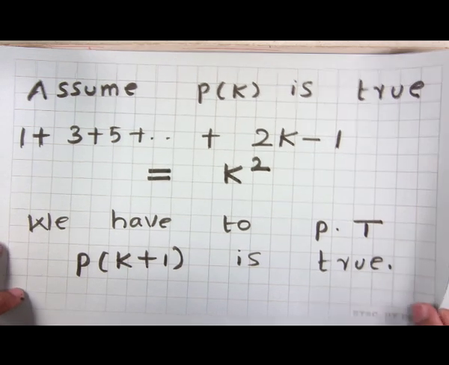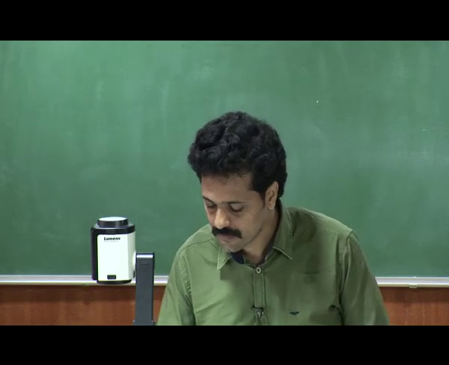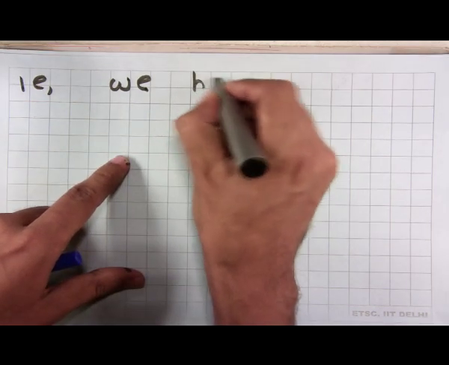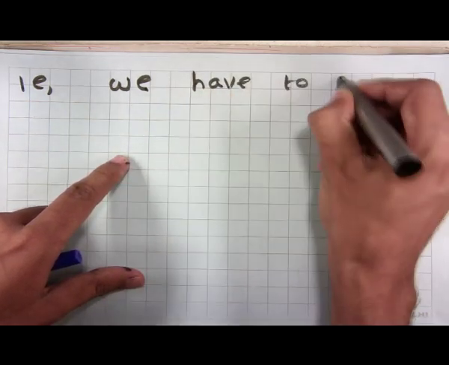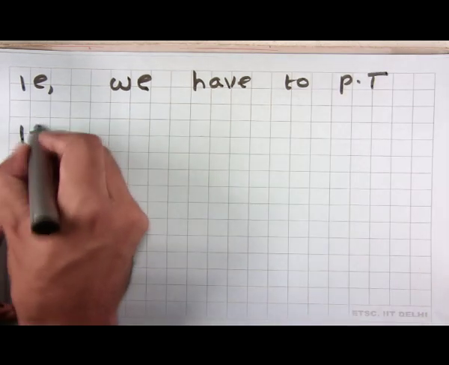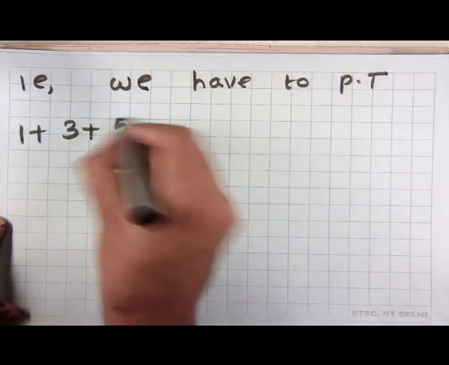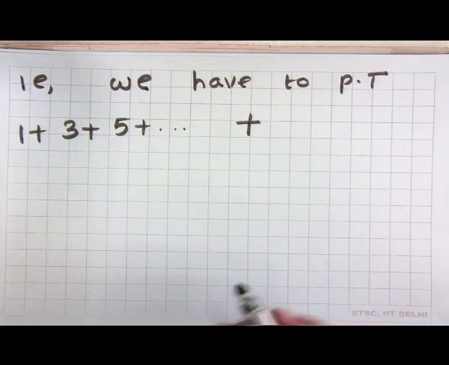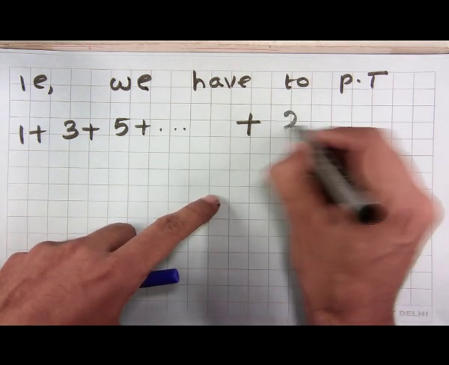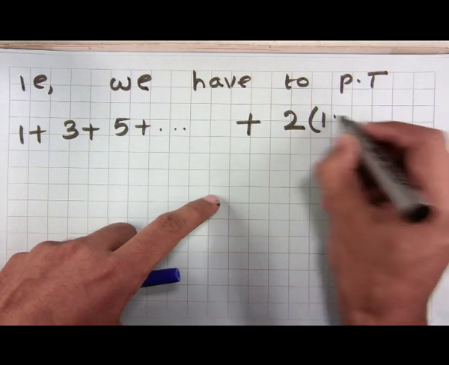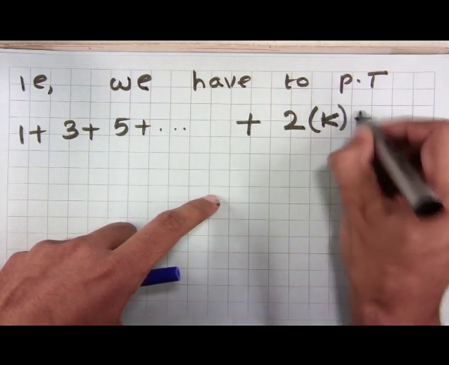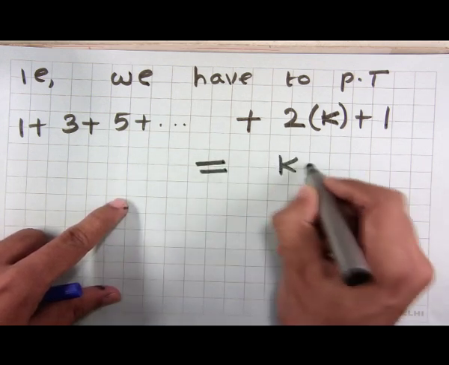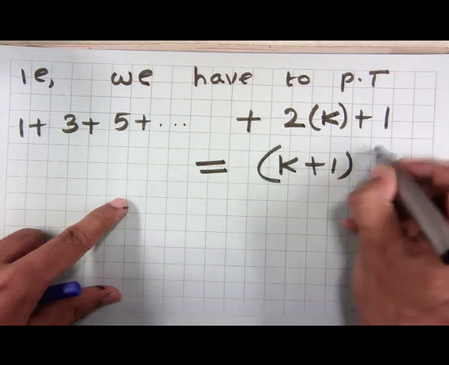That is, we have to prove that 1 plus 3 plus 5 plus etcetera, the k plus 1th odd positive integer, which is 2k plus 1, is equal to k plus 1 square. This is what we are supposed to prove.